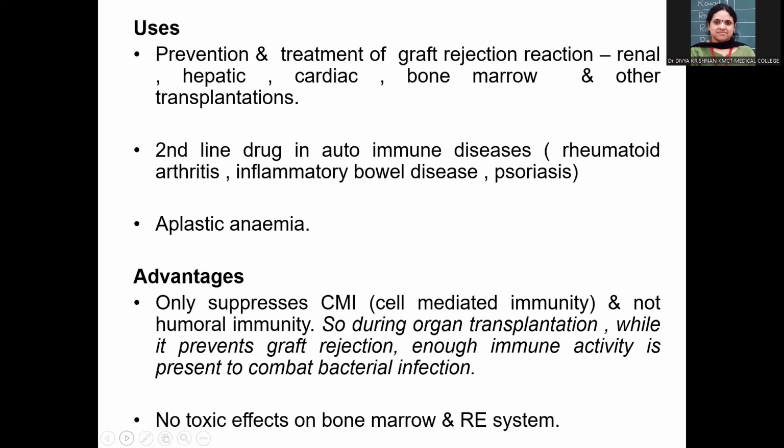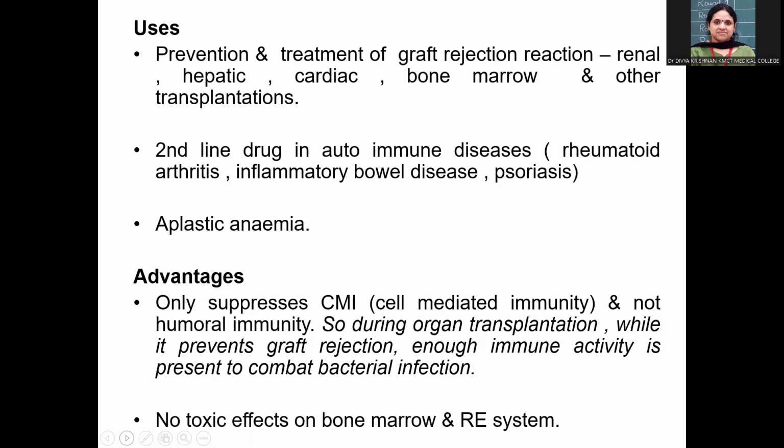Now, one of the advantages over other immunosuppressants is that it only suppresses the cell-mediated immunity, and it does not suppress the humoral immunity. This is a very big advantage, because while it is helping in the prevention of graft rejection, there is enough immunity left in the body to combat any kind of bacterial infection.